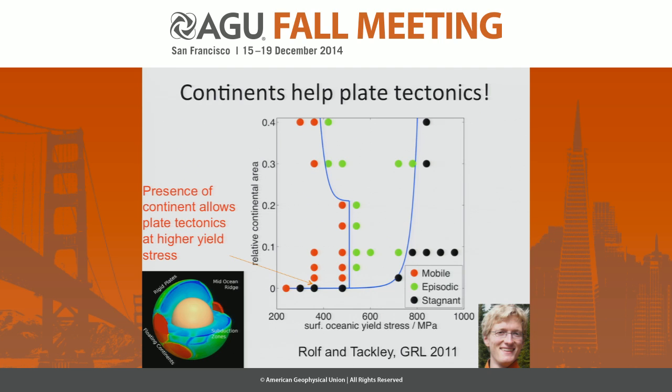Now similarly, Tobias Rolf, we published this in 2011, had models in which you had yielding-based plate tectonics plus continents, which were compositionally distinct. And in these models also, you find that going from having no continents at all to just having some continents makes it much easier to initiate subduction and plate tectonics.